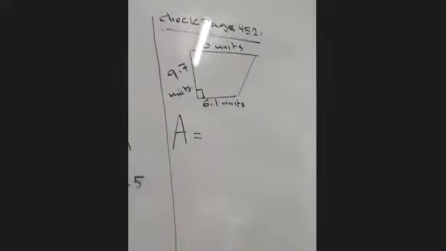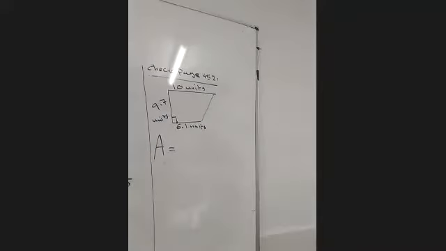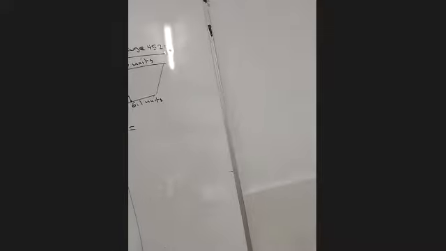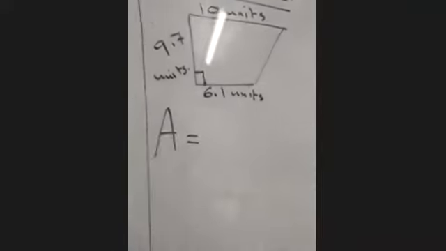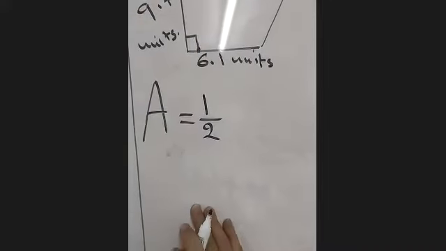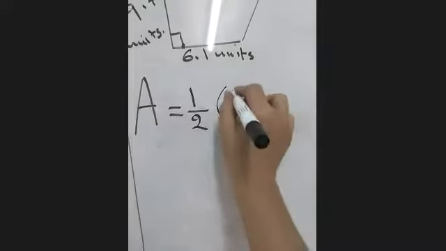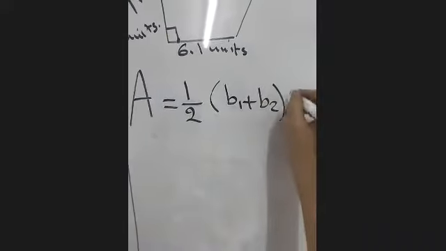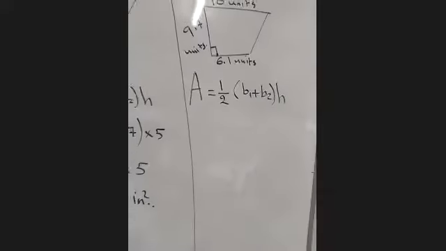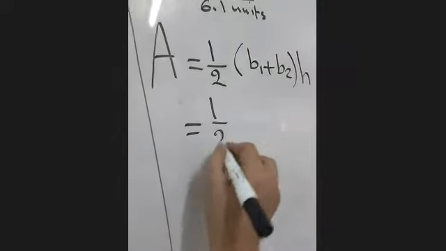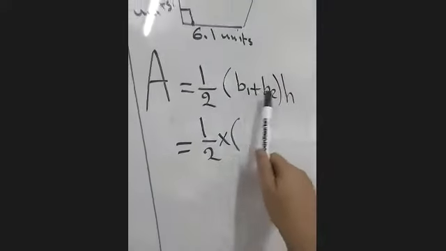First we make the formula: A equals 1/2, brackets, B1 plus B2, multiply the height H. Equals half, multiply, base 1 plus base 2.